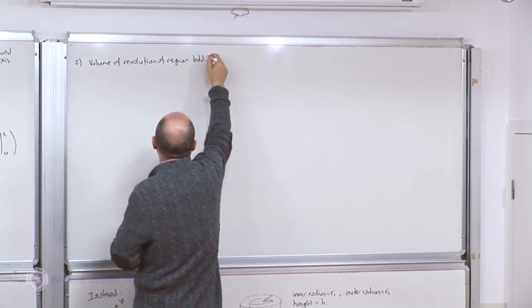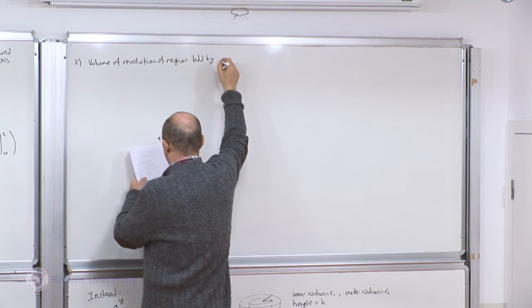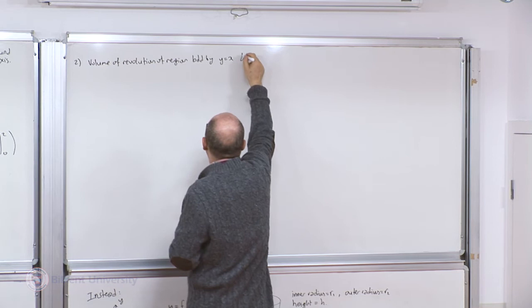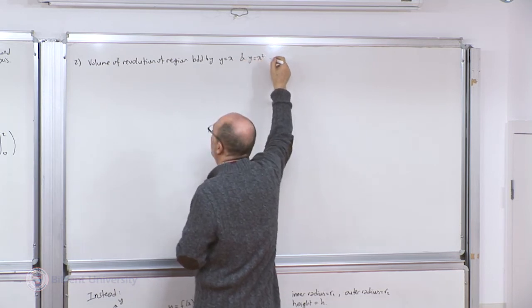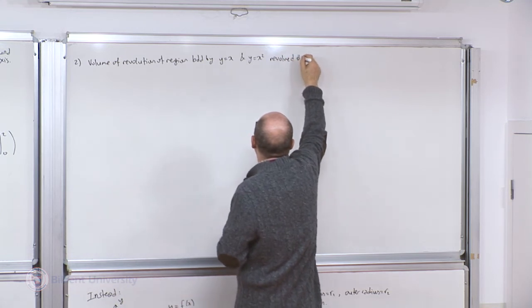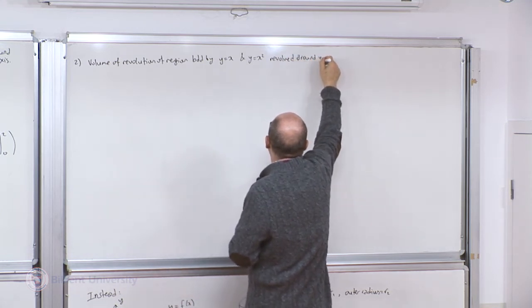So bounded by y equals x and y equals x squared, revolved around the y-axis.